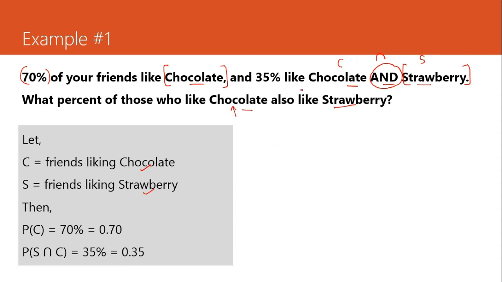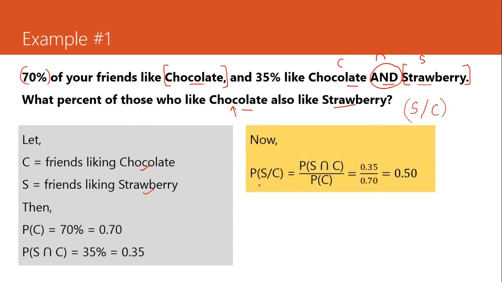It is written with a slash, and chocolate comes down because the person already likes chocolate, and then we have to figure out whether she likes strawberry or not. So strawberry comes on the top. We have to calculate the probability of S given C. The probability of S given C is given by the formula: P(S intersection C) divided by P(C).